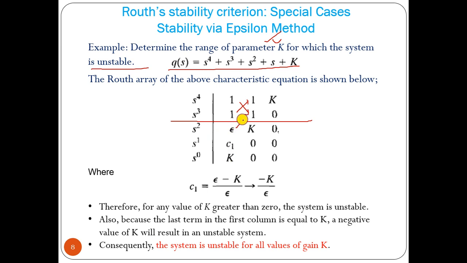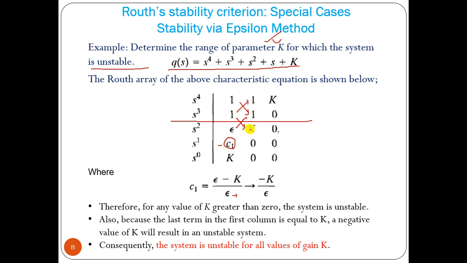So c1 is nothing but epsilon minus k by epsilon. If you put epsilon close to 0, we cannot put it equal to 0 here because this will be infinity, so we have minus k by some small positive value. So this will be a negative value, so c1 is basically a negative value.